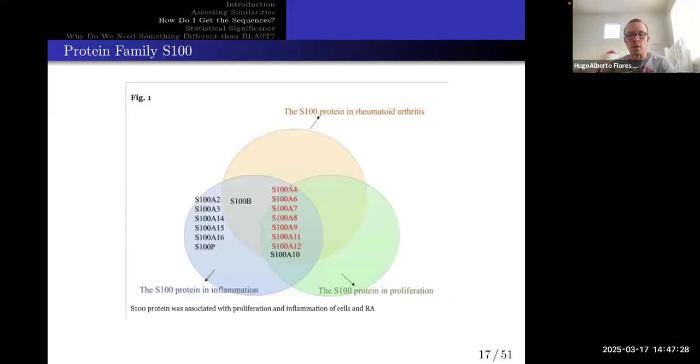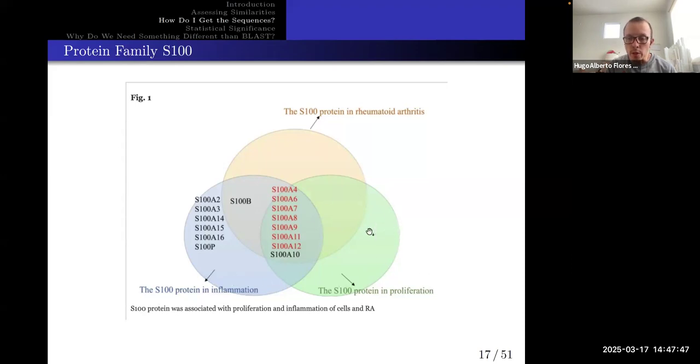This is one image that you can find in this article, where you are seeing the intersection between three circles pretty much. In blue, this circle represents inflammation.